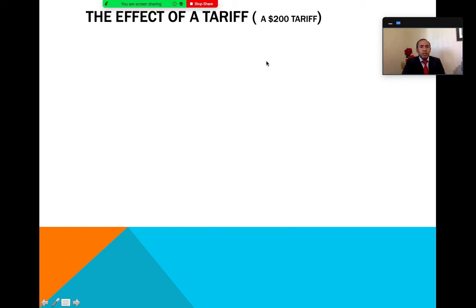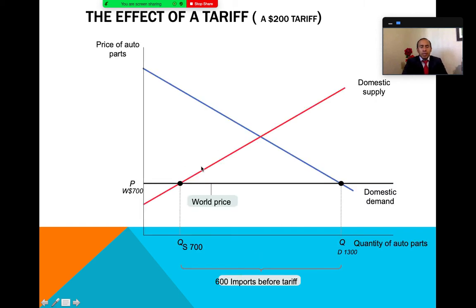Let's take a look at the effect of a tariff and the tariff model, and see how it significantly affects the imports of goods and the price in the world. So we're going back to our autos scenario. We have domestic consumers buying products at a low world price of $700, and I exaggerated the price here.